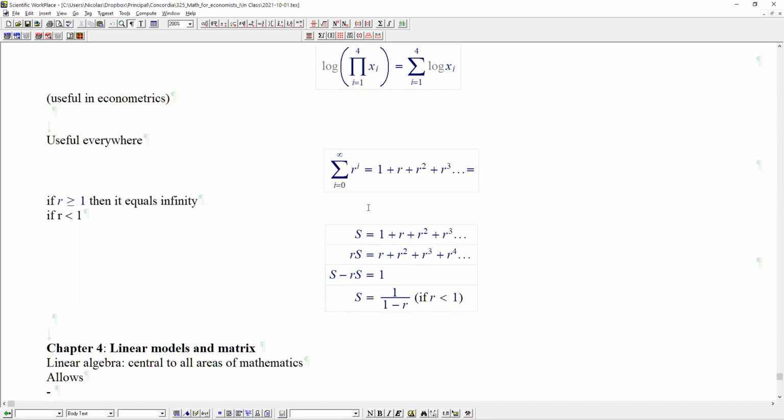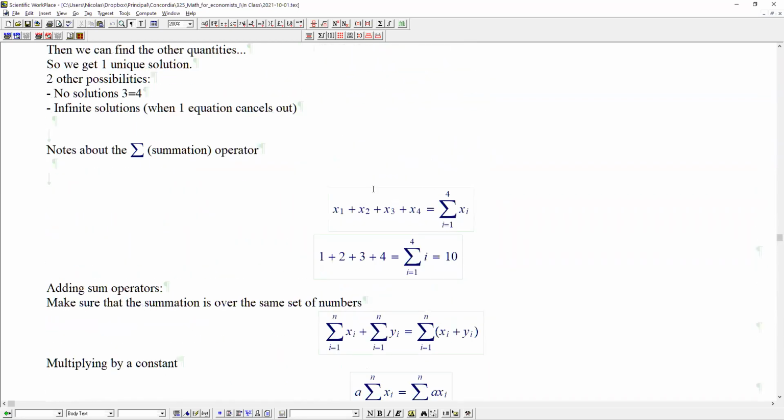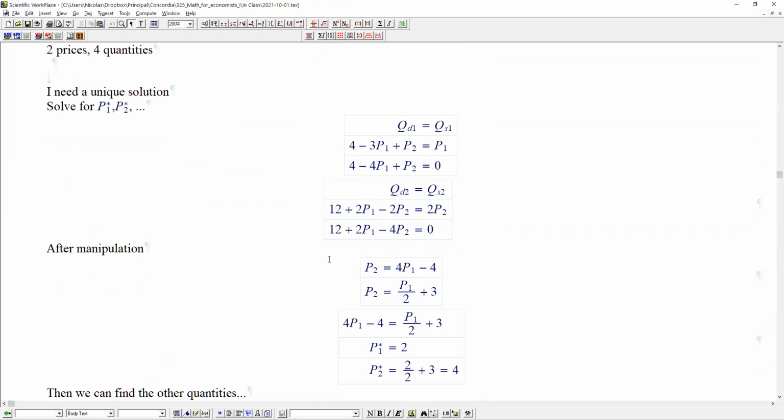Well, I can solve the same set of equations I had here, but in a systematic way. Solving a set of equations is something that happens all the time in mathematics.